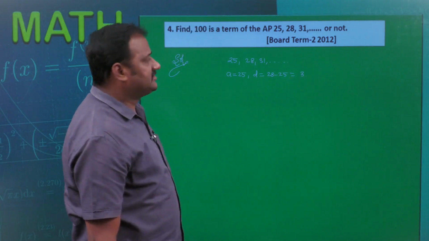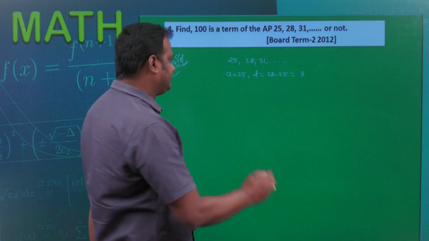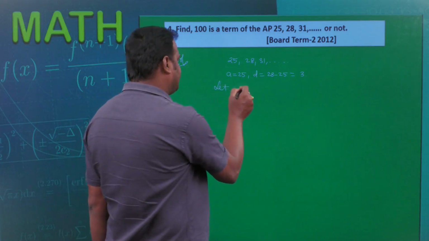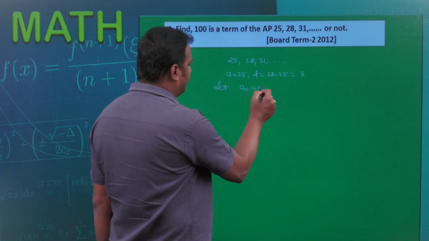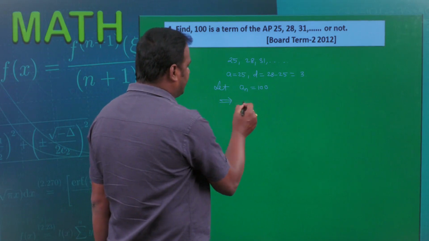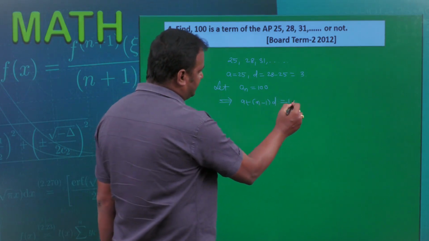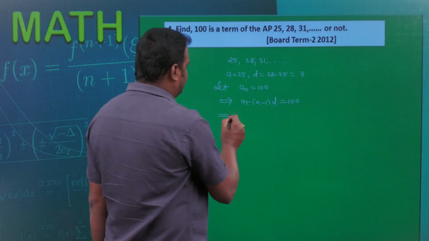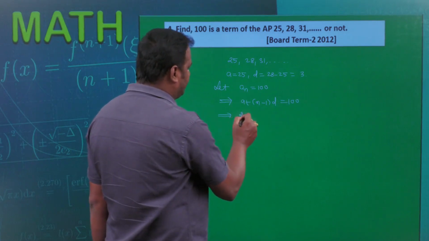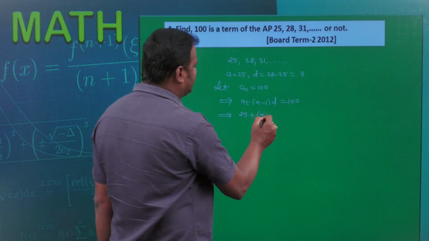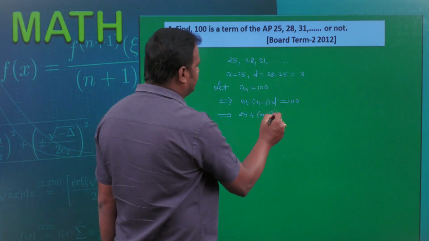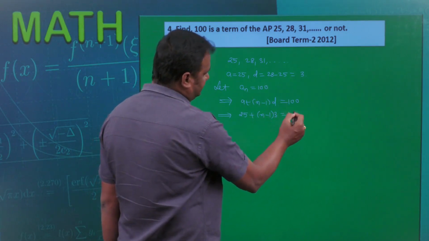Let us suppose 100 can be taken as the nth term, that is, let an is equal to 100. So an is a plus n minus 1 times d is equal to 100. That means 25 plus n minus 1 times d, d is equal to 3, is equal to 100.